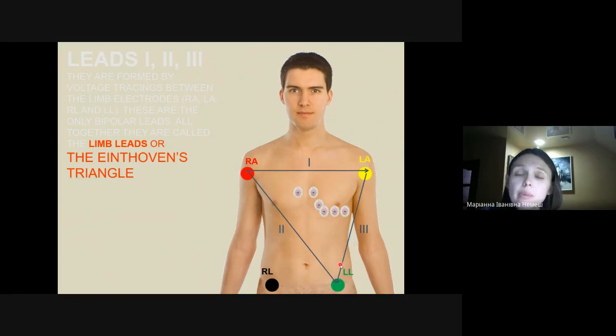Besides this, we have augmented leads. In this case, we measure the electrical potential between the active electrode, which is positive, and the constant one, which is connected to the negative pole. As a result, the signal is augmented.